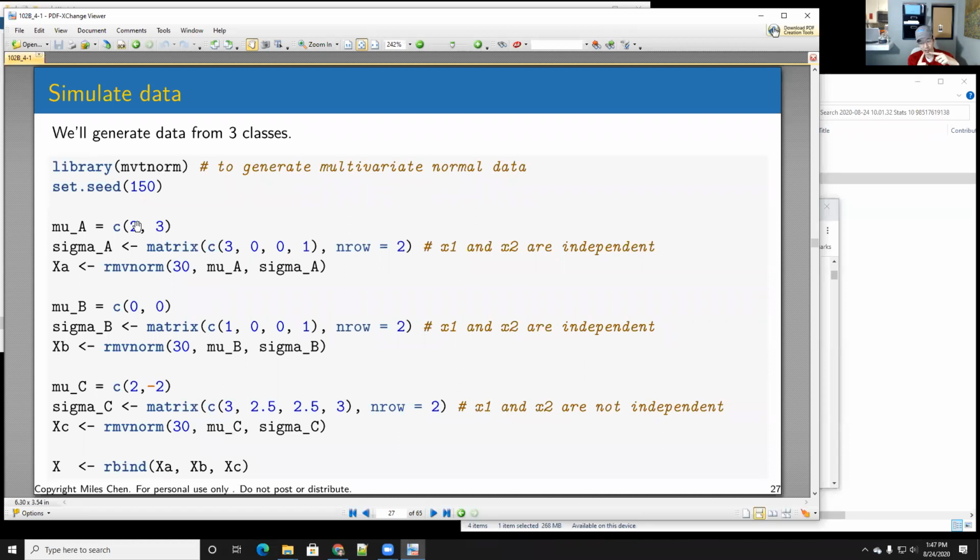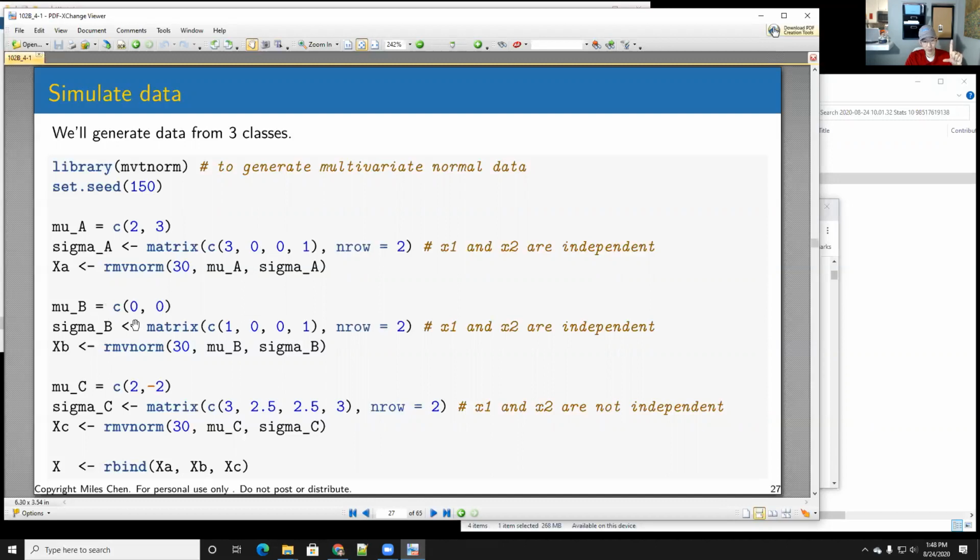The first one has a mean at the coordinate 2, 3, and the variance covariance matrix is 3, 0, 0, 1, meaning it's a diagonal matrix. x1 has a variance of 3, and x2 or y has a variance of 1, and there's no covariance between them. The off diagonals are 0.